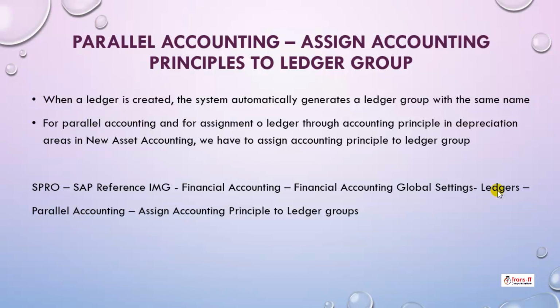For assigning principle to ledger group, we can go by path SPRO, SAP Reference Implementation Guide, Financial Accounting Global Settings, Ledgers, Parallel Accounting, assign accounting principle to ledger group. For assigning accounting principle to ledger group, we will go to the SAP system.